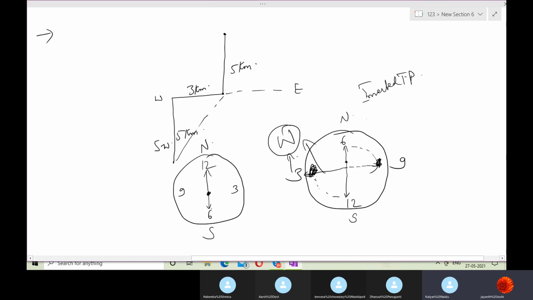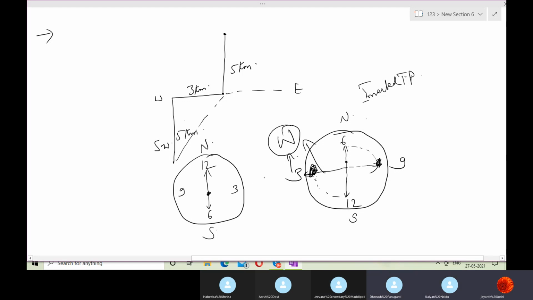See, actually, this is 6 p.m. If it is a normal clock, the hour hand which is on 6 should be in south and the minute hand which is on 12 should be in north. But it's an inverted clock. 6 has gone up and 12 has come down. So now they're asking what will be the time at 9:15. The hour hand has to move here, correct or wrong? And the minute hand has to move here, correct or wrong?